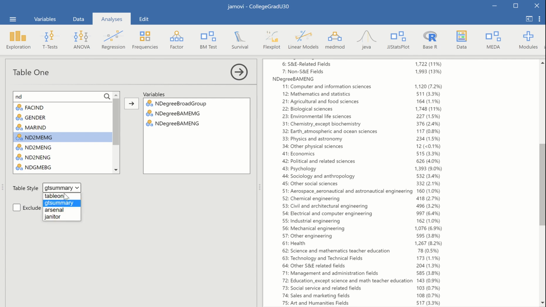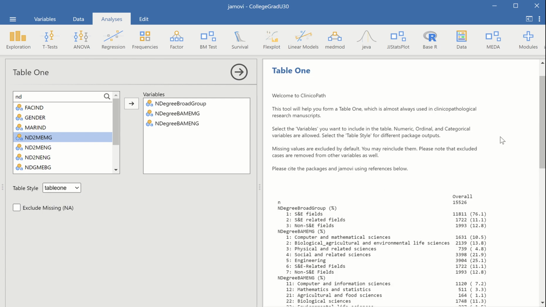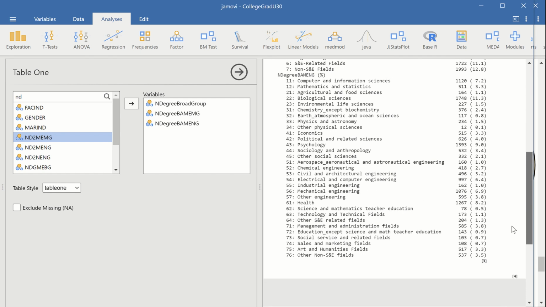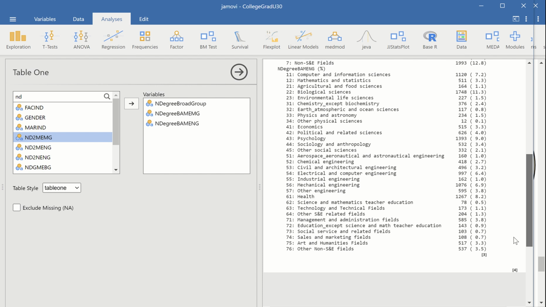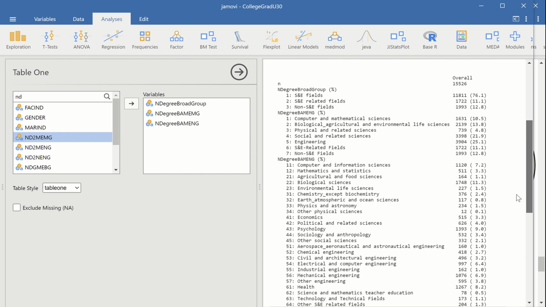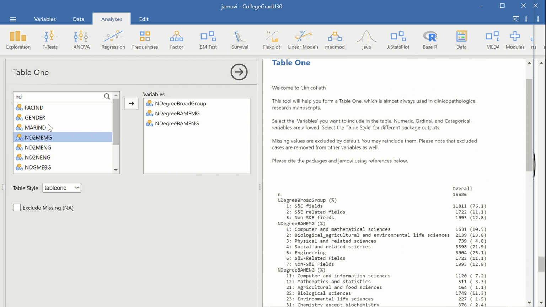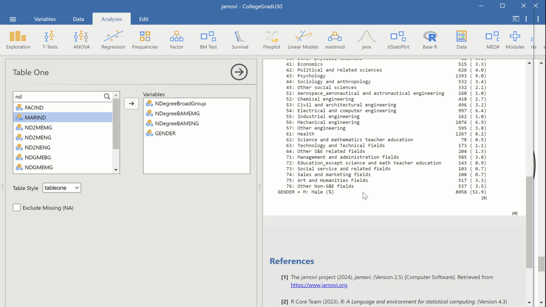If we change this to table 1 summary, it looks fairly similar, but with the table 1 format, like if we had gender in there, when you get to the bottom, if there's 2 groups, it leaves one out because you know what the other one is.